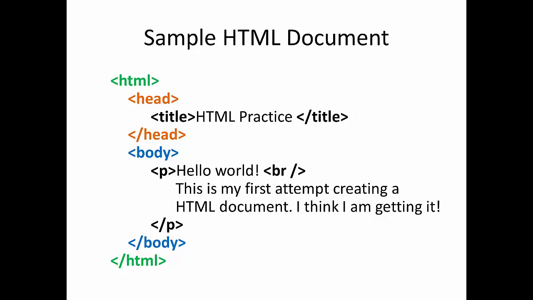That's the content that's going to show on the screen. You say you have a paragraph, say hello world, and then you have a line break, the BR tag. This is my first attempt creating an HTML document. I think I am getting it. Then you close the paragraph tag, close the body tag, and finally close the HTML tag.